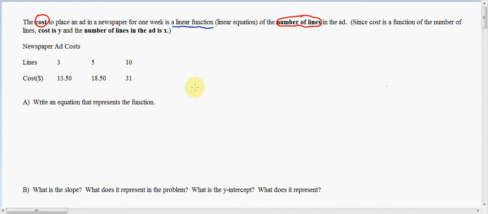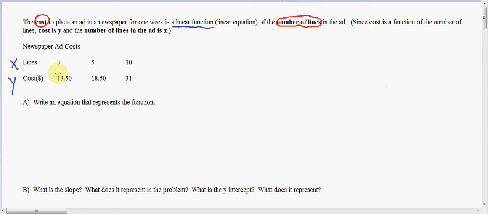Alright, so the first thing that I want to do in order to write an equation here would be to choose 2 points, because I need a slope. And in order to figure out what my points are here, I want to label the fact that the lines are my x and the cost is my y. We just talked about that a second ago.